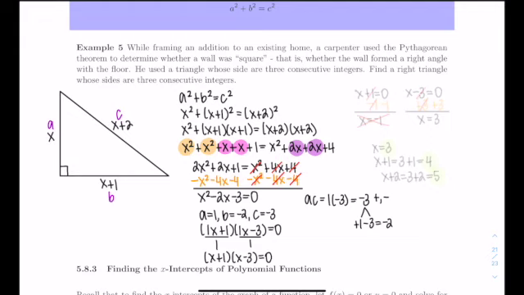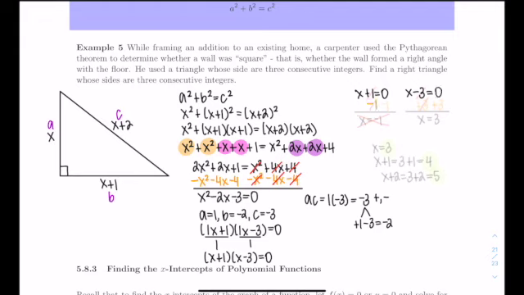And so now what I want to do is I want to set each piece equal to 0 and solve. So x plus 1 equals 0, and x minus 3 equals 0.